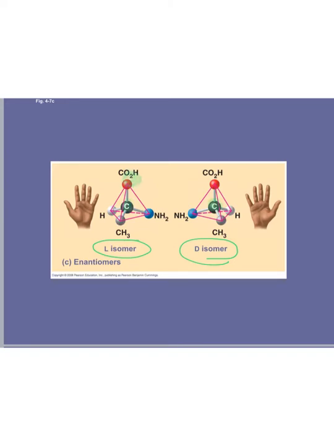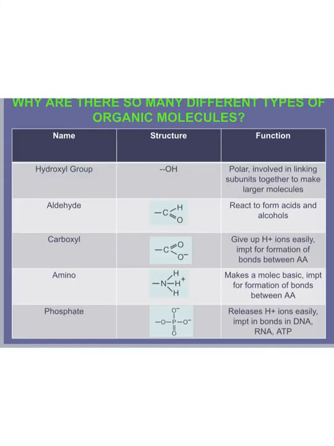We have a CO2H up at the top. And then you can see our other three constituents are arranged differently depending on the orientation of the molecule. So we have L isomers and D isomers. So again, this is a type of structural isomer that we refer to as enantiomer or a mirror image.